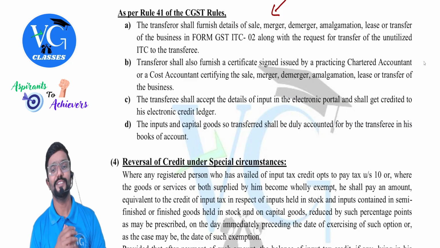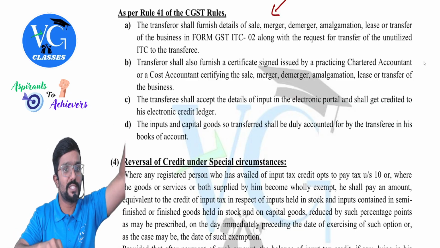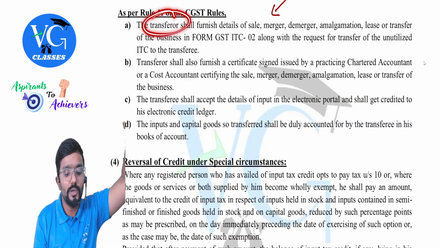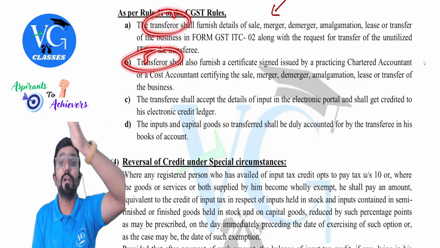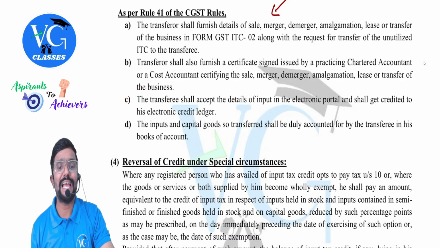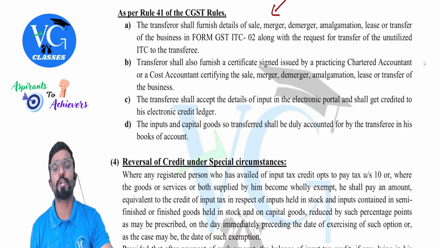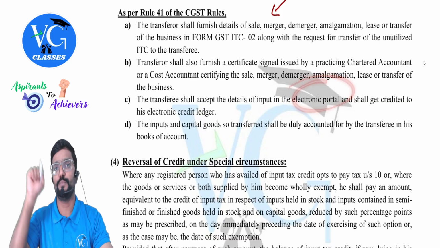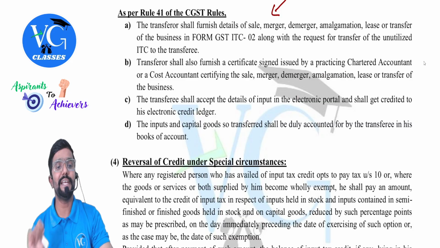Okay. See, the transferee. Done with the transferor's responsibility. What should the transferor do? We have already seen. Now what should the transferee do? The transferee shall accept the details of input in the electronic portal. Electronic portal means the GST portal, guys, and shall get it credited to his electronic credit ledger.